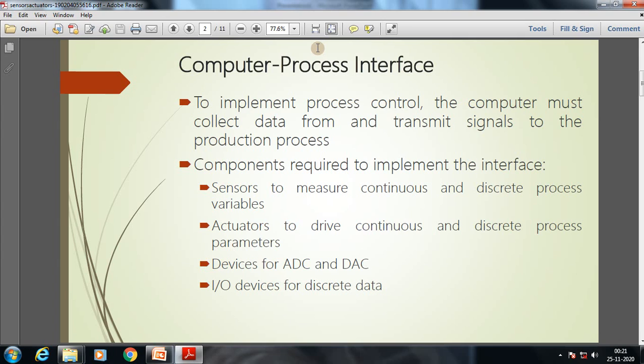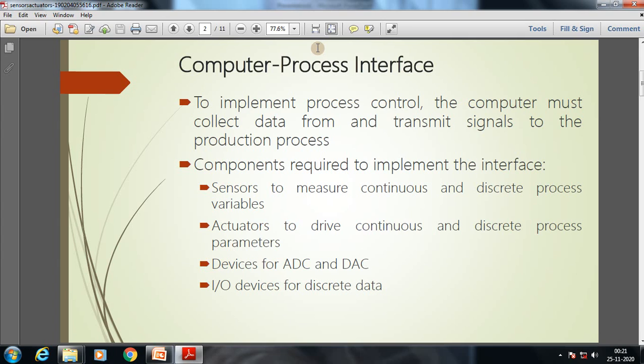In this part of the system, the basic functions of sensors and actuators take place, through which data is collected and signals are transmitted to the server and so on.